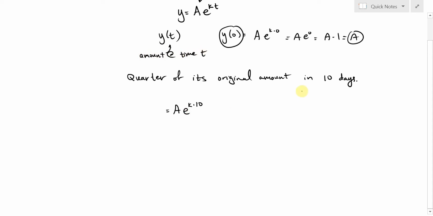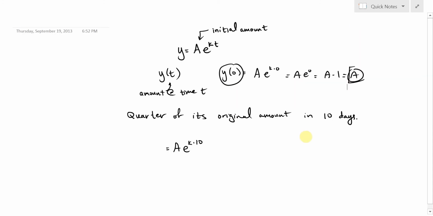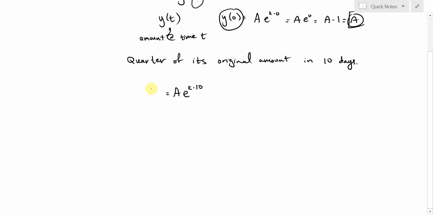And they're telling us that it was a quarter of its original amount. But like we just said, the initial amount is always whatever that coefficient a is. So that's a divided by 4. It's a quarter of a. So now what you'll notice is here's some very amazing thing. They never tell us what the initial amount actually is, but it doesn't matter because the a's cancel. You just divide by a.